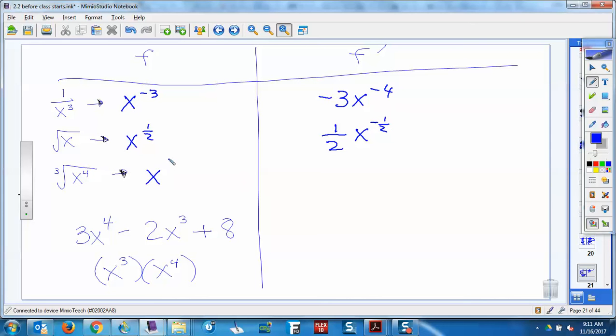What's cube root of x to the 4th? 4/3. The root is always the denominator. So the cube root of x to the 4th is x to the 4/3. So the derivative would be 4/3 x to the 1/3, right? 4/3 take away 3/3. 4/3 take away 1 would be 1/3.